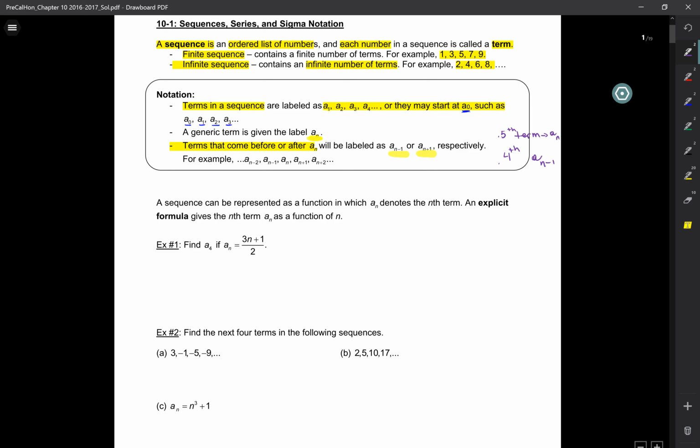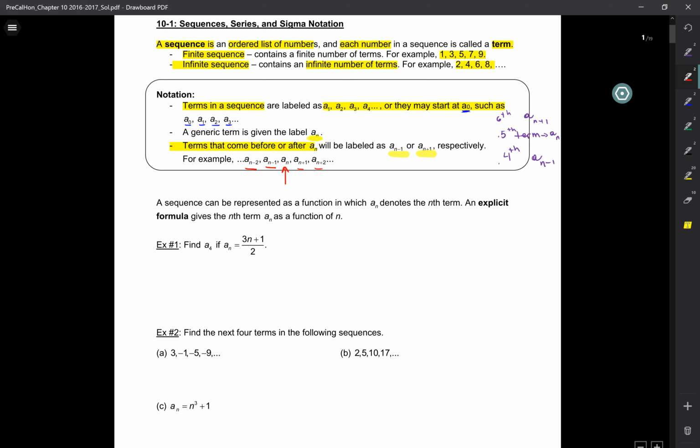All right. Well, what about the 6th term? The 6th term would be called AN+1. Okay. So, for example, if you have a list, then you would call the middle one AN. And then the ones that come before it are AN-1, AN-2, and then it's N+1, N+2, and so on and so forth.